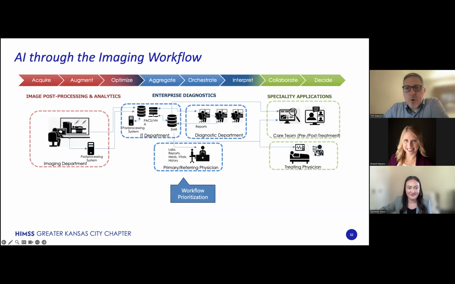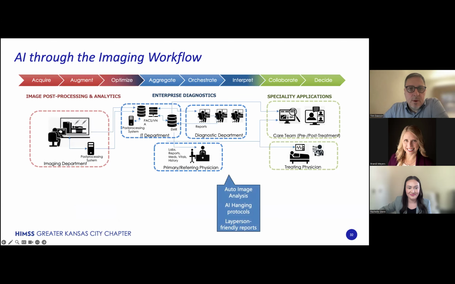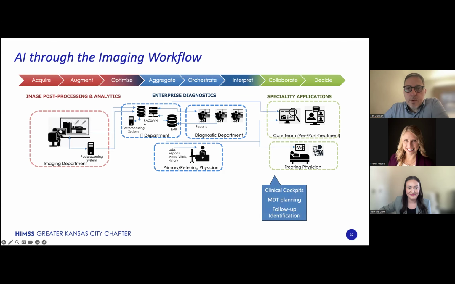If you have a stroke come in and something is detected, you want that to appear right away at the top of the work list. And of course, we do have automatic image analysis, hanging protocols, even layperson-friendly reports. Clinical cockpits are an interesting idea that we've been working with in terms of being able to display not just the raw images, but additional data from the EMR.